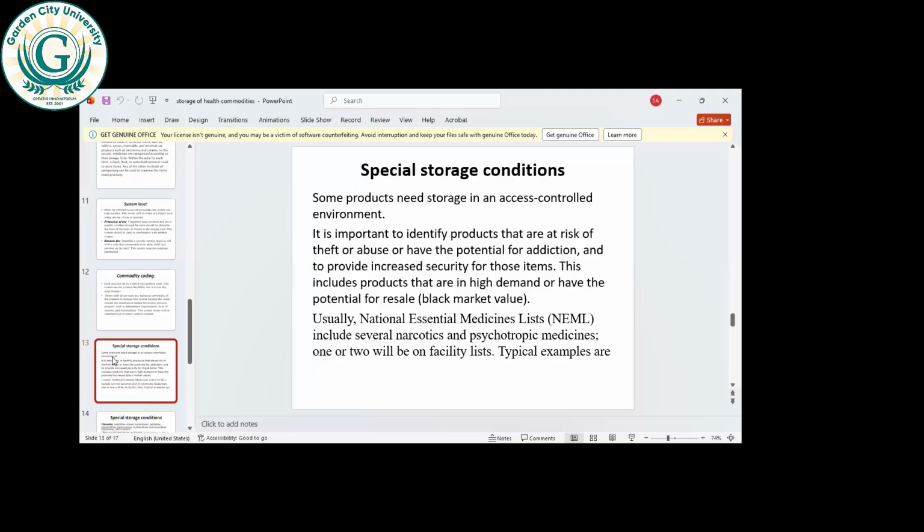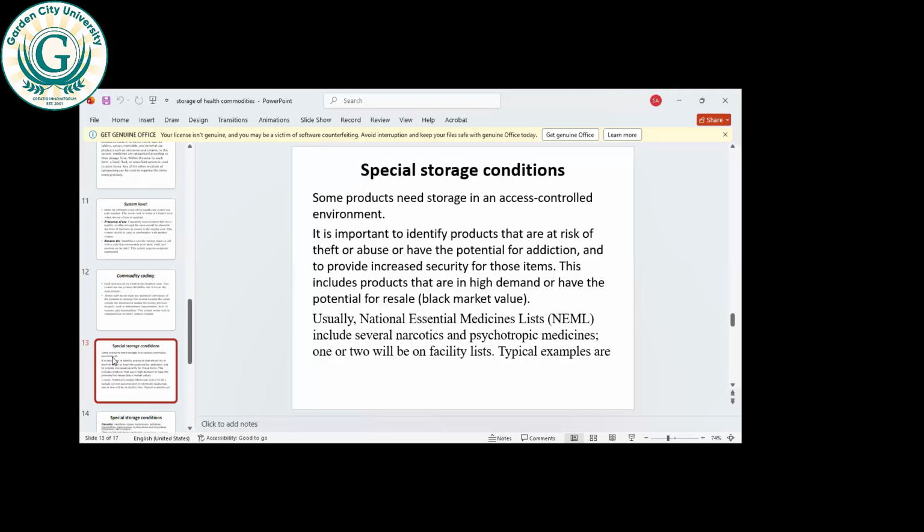That is why these drugs must be stored in an access-controlled environment so that you prevent people from getting access to them and then becoming addicted to those particular items.